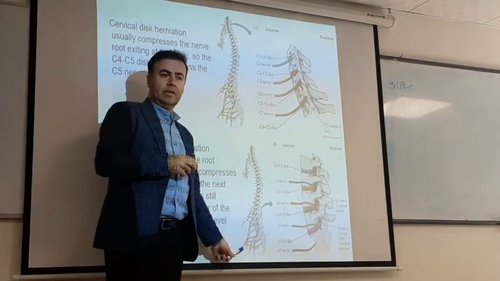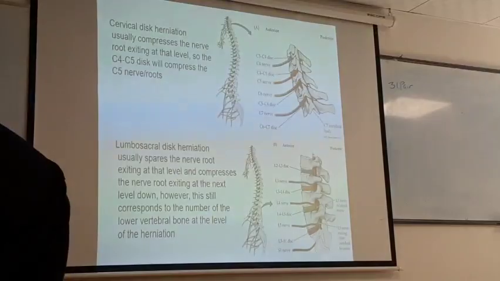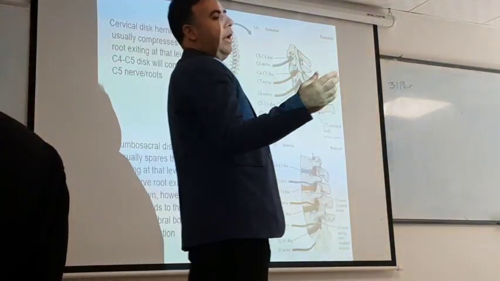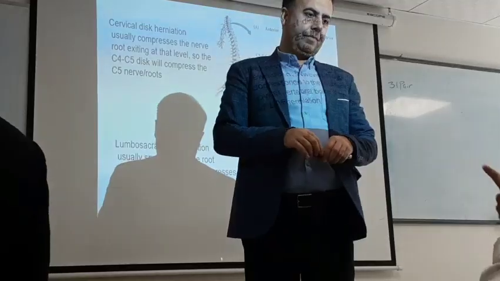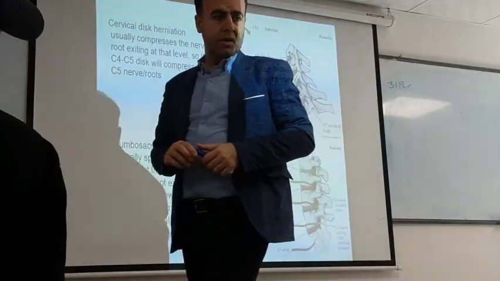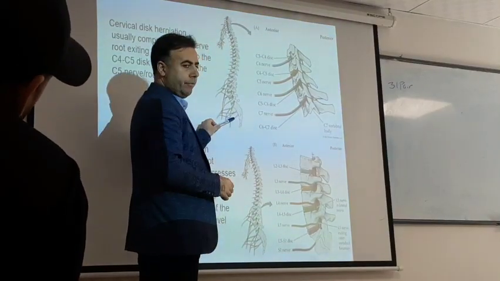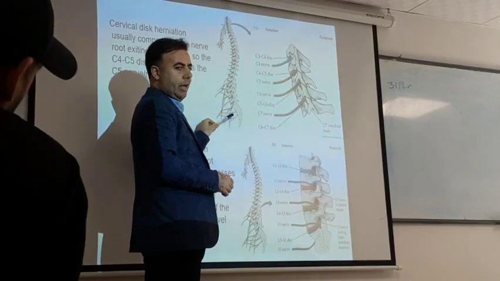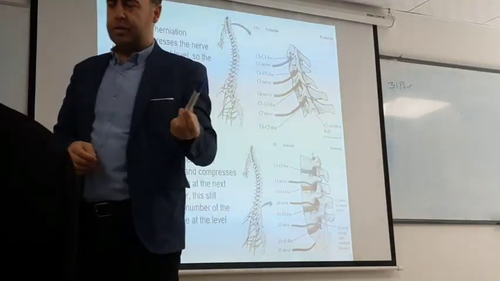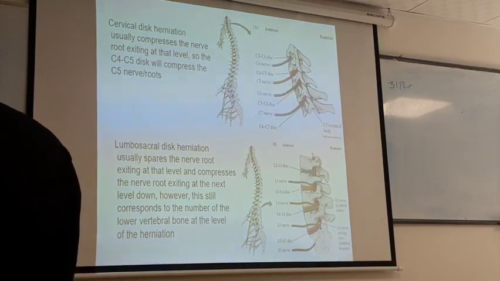Sciatic is for the hamstring muscles, with two branches, tibial and peroneal nerve. Where does the sacral plexus start? It starts from L4 to S4. L1 to L4 is the lumbar plexus. L4 to S4 is the sacral plexus.